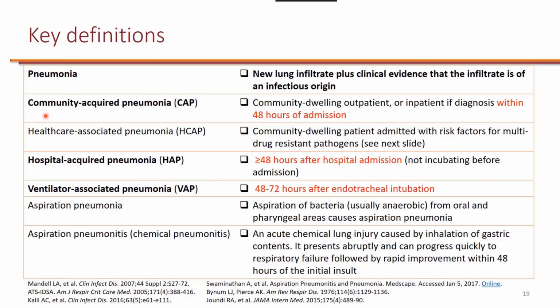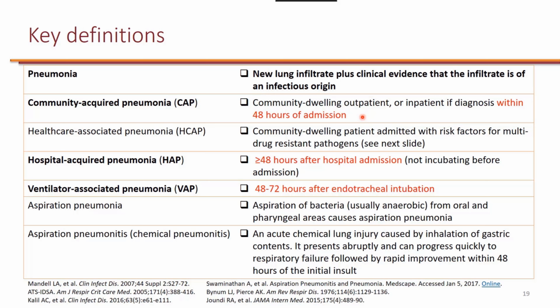Now, by definition, community-acquired pneumonia is pneumonia that occurs outside of the hospital. Even if a patient gets hospitalized, if the pneumonia develops within the first 48 hours of hospitalization, it is considered community-acquired pneumonia. And that's because there's an incubation time. For bacteria to grow and cause actual infection, it typically takes some time.